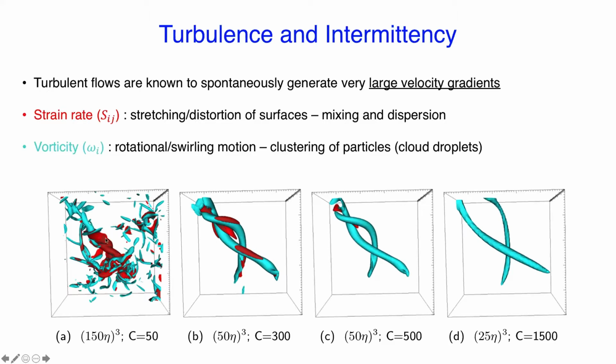To talk about it briefly, from left to right I'm focusing on the most intense events and successively zooming in and increasing the contour threshold, given by the C. At the highest threshold, it's pretty evident that these intense gradients are organized in these tubes of vorticity shown in cyan. And this is nothing new. People have known this for a long time.